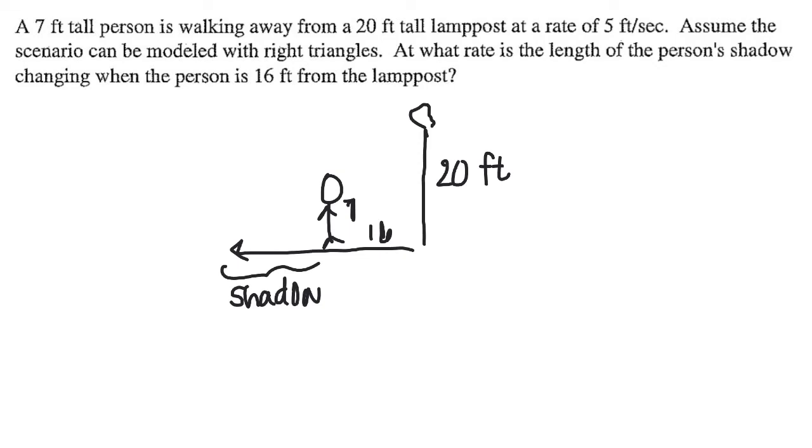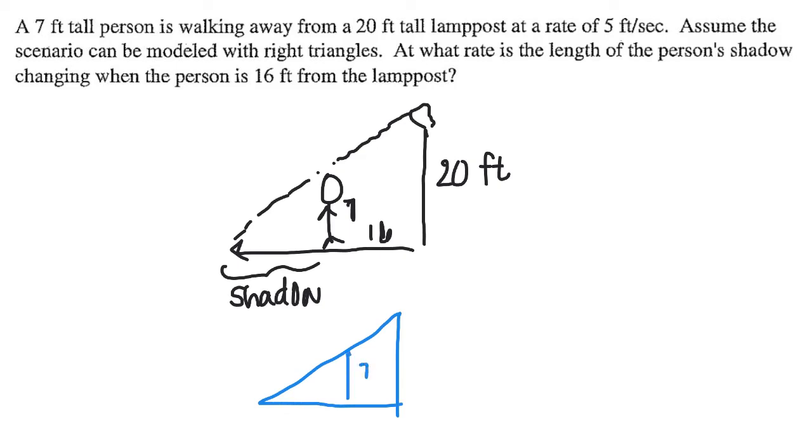It says we can model this with triangles, so let's go ahead and dot this in and make it a triangle. I would redraw this to make it look like similar triangles, because it looks like I've got a triangle in a triangle.